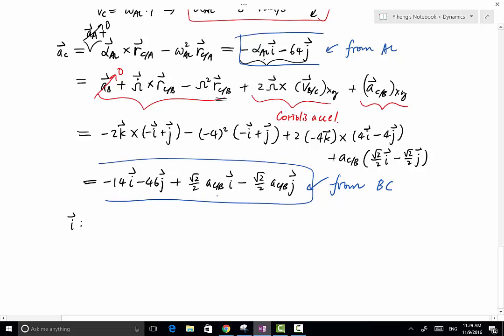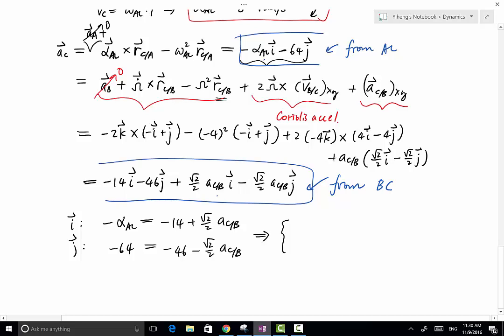So for the i component, on the left hand side we have negative alpha_AC. On the right hand side we have negative 14 plus square root of 2 over 2 a_C/B. For the j components, on the left hand side we have negative 64. On the right hand side we have negative 46 minus square root of 2 over 2 a_C/B. Two equations, two unknowns.